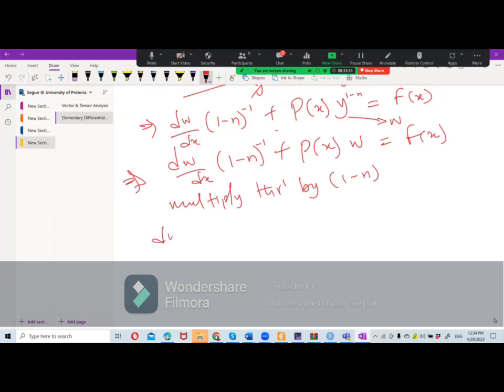So we're going to have dw/dx, this we cancel, plus p of x, w, 1 minus n, or you can put it the other way around by saying 1 minus n p of x, w equals 1 minus n f of x.